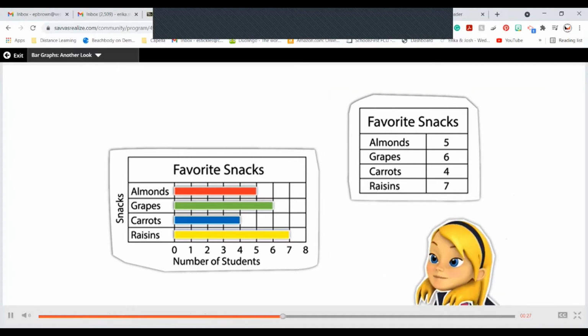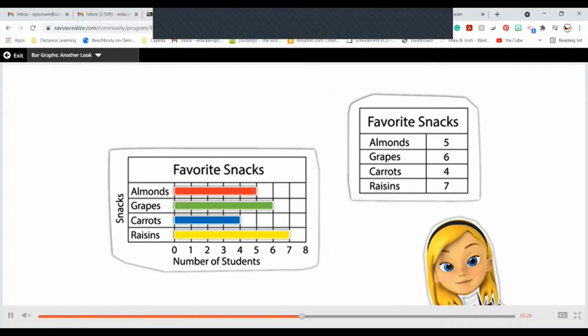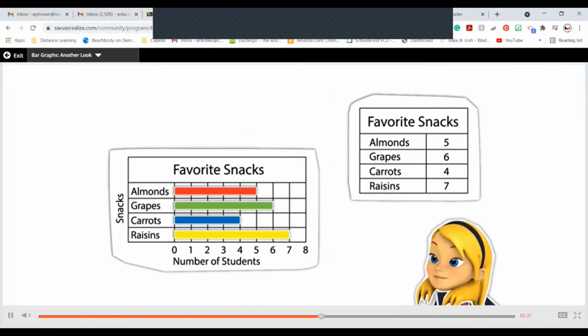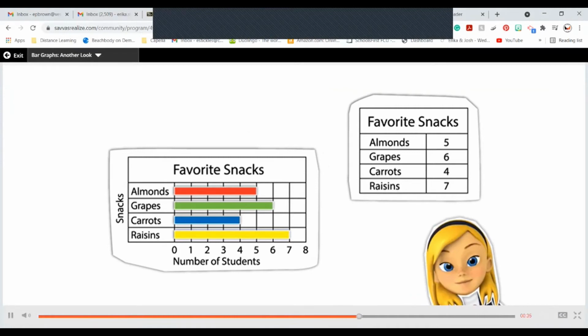So for each snack, the total number of students represents a different colored bar. And voila! Oh, I see. The bars tell you how many students like each snack. And using the bars, you can quickly compare the number of responses given their choices. Wow! Bar graphs sure do rock.